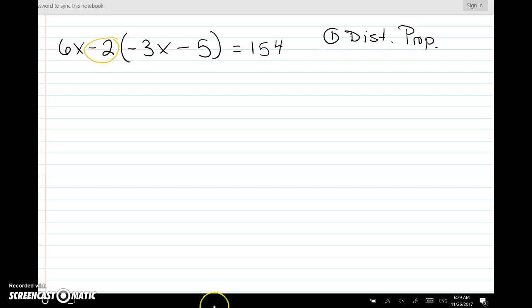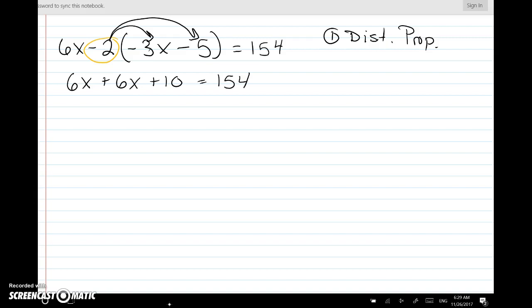Negative 2 times negative 3x and negative 2 times negative 5. So I have 6x. Negative 2 times negative 3x is positive 6x. Negative 2 times negative 5 is plus 10, equals 154.